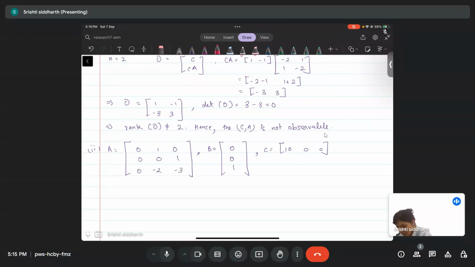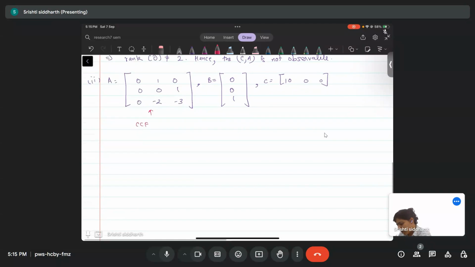One thing that we can observe is that this is in the controllable canonical form. Alright, so now let's form the observability matrix. We have n equals 3, so the observability matrix would be C, CA and CA square.